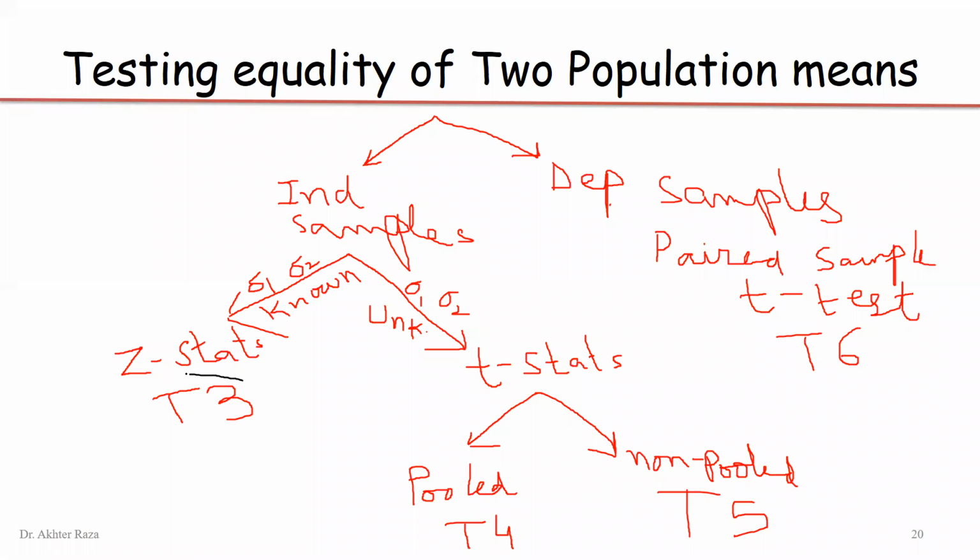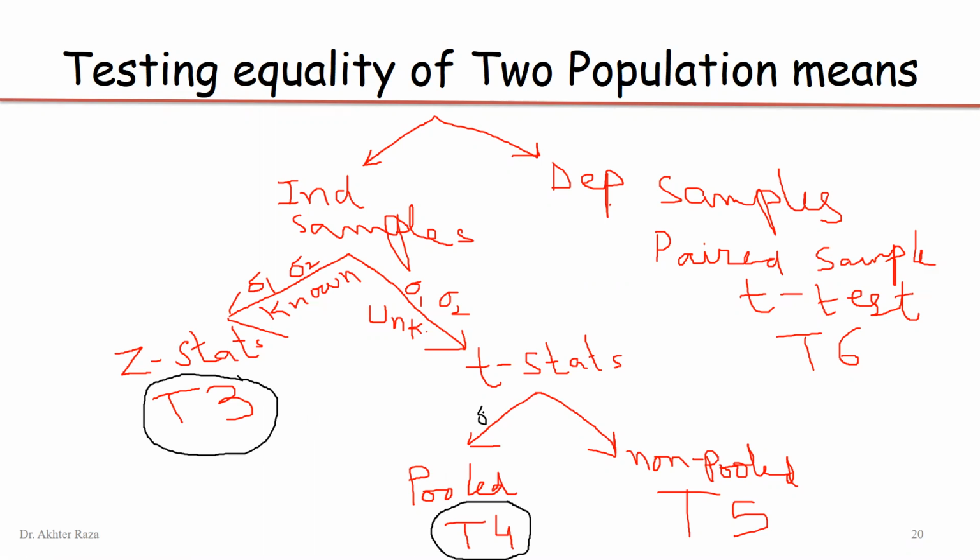Procedure T3 is known as the independent sample Z test. Procedure T4 is known as the independent sample t-test. It is used whenever the population standard deviations are unknown but assumed to be equal.